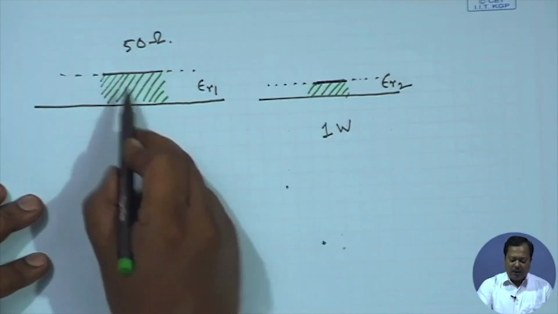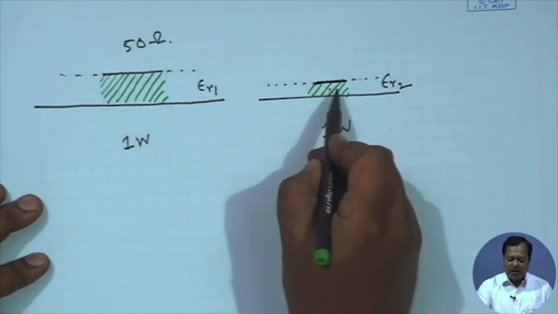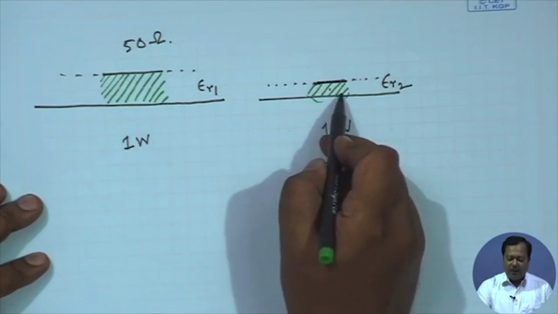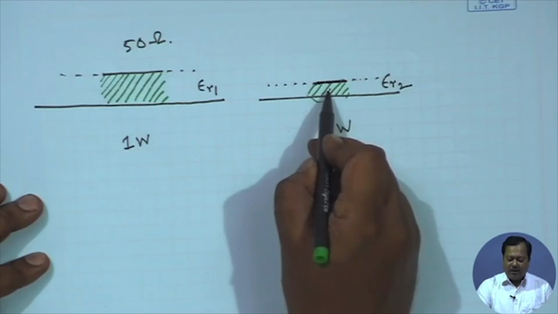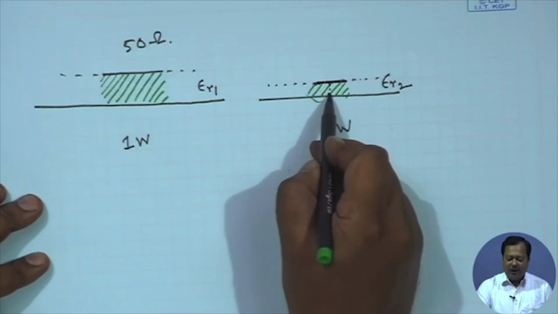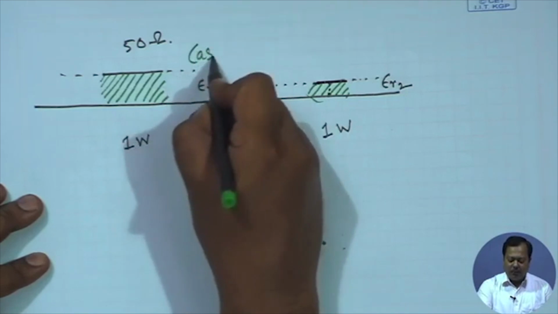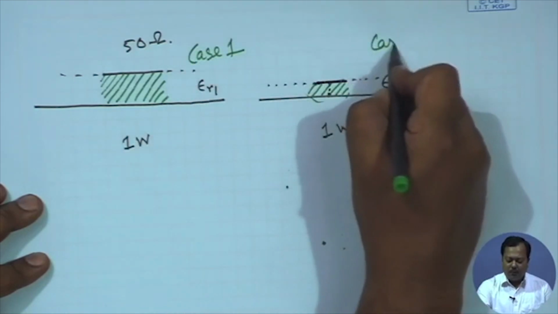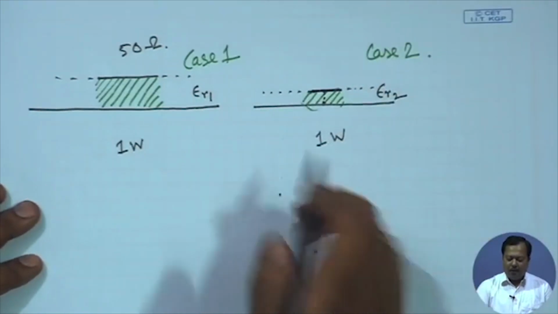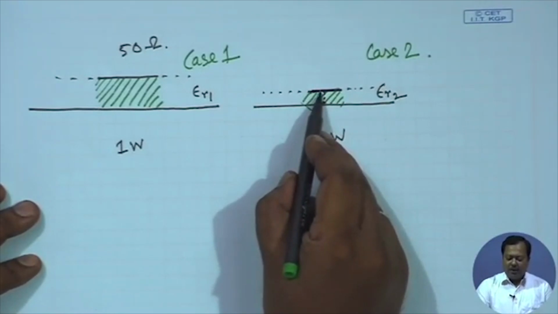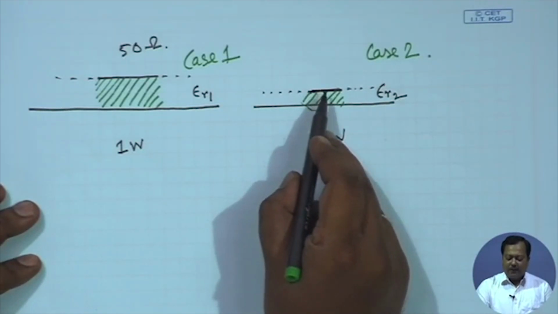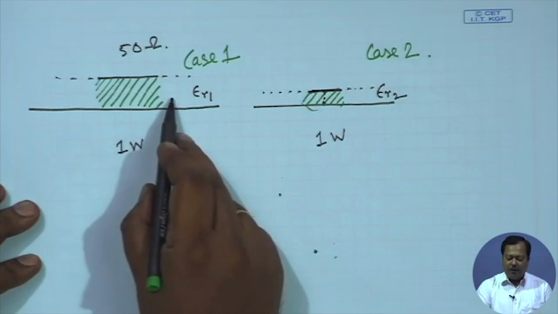Now, since the cross sectional area in the second case is much smaller, what we expect is that the displacement current, or the electric field inside the dielectric, will be much higher compared to case 1. The induced current Js inside the conductor will also be higher compared to case 1.